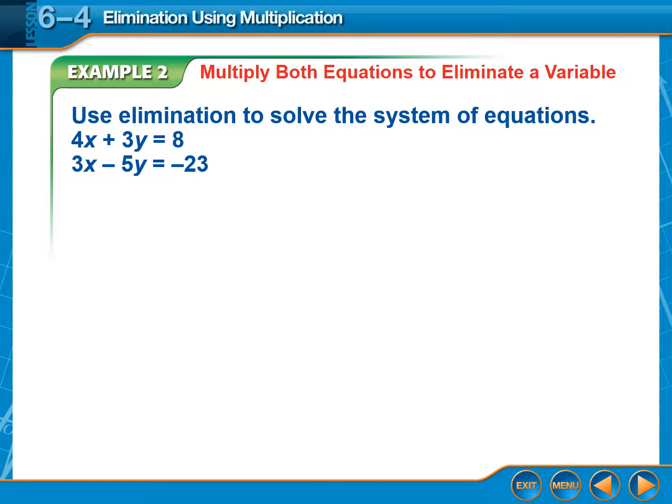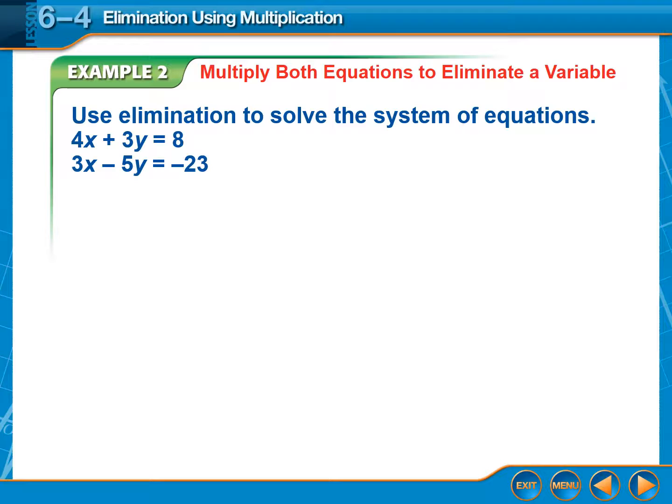All right, what happens if we're left with a system where we have to change both equations? So if you look at this example, we've got 4x plus 3y equals 8 and 3x minus 5y equals negative 23. So if I want to solve for x and y using elimination, I can't just combine these using addition or subtraction because the coefficients of x and y are not the same.